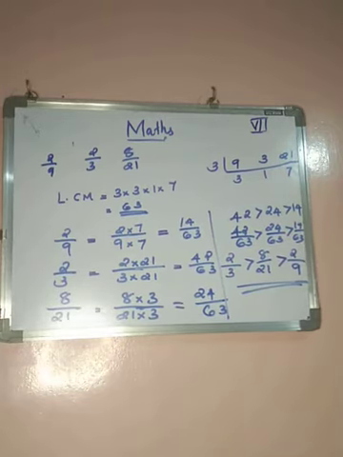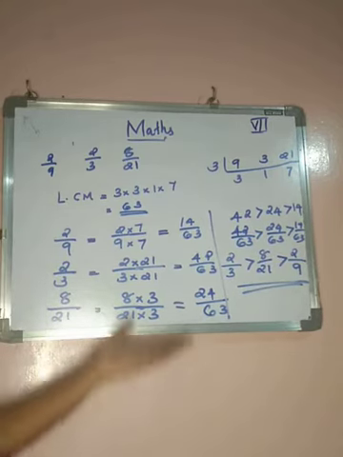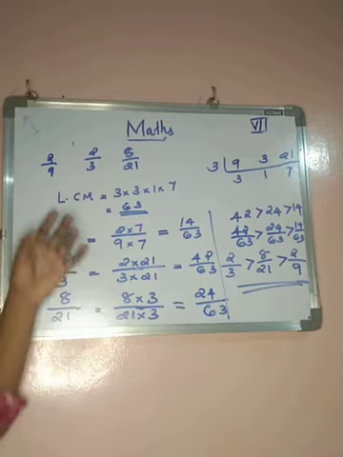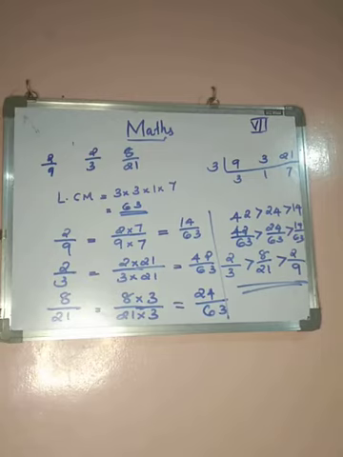Once more. First we convert to like fractions. First of all, we find the LCM of the denominators, and we get 63.